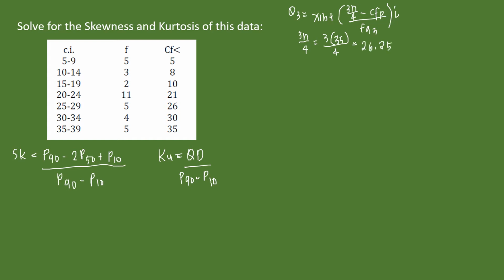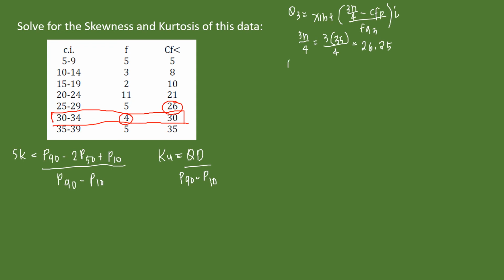If we locate that in our CF less than, we will find that it is in 30. We cannot use 26 because that's until 26 only. So we'll be using 30. And then our CF less than is 26. Our frequency is 4.